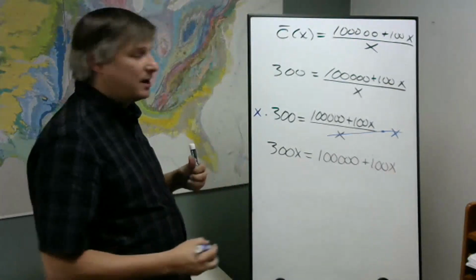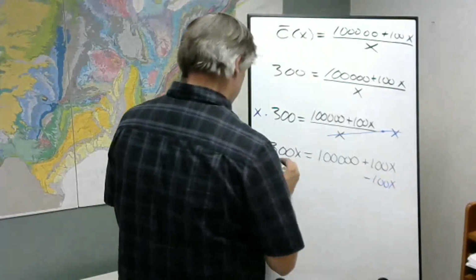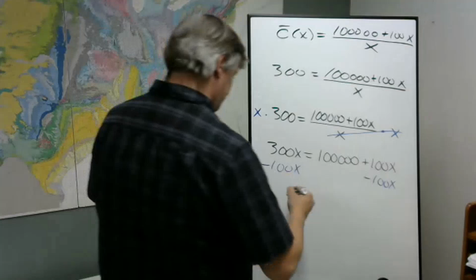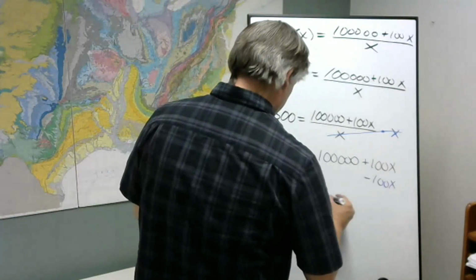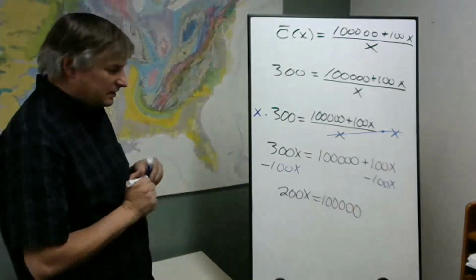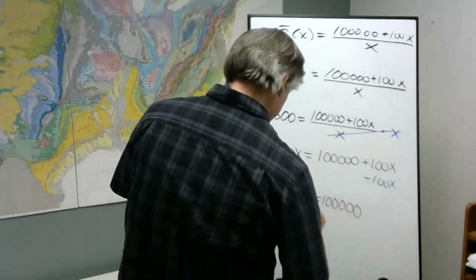Subtract 100x from both sides. Now divide by 200.